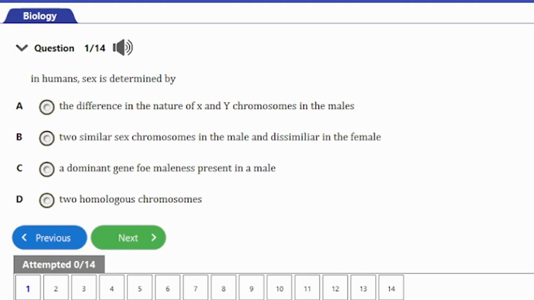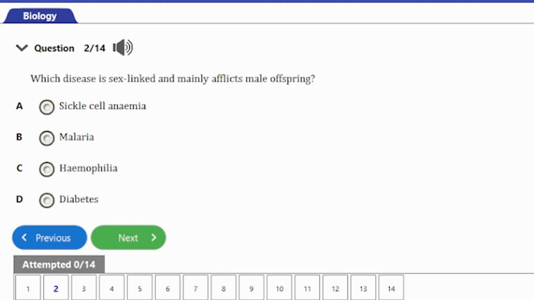The X chromosome actually carries the genes related to both male and female sexual development. So the actual answer to this question is option A, the difference in the nature of the X and Y chromosomes in the male. Let's go ahead and check out the next question.